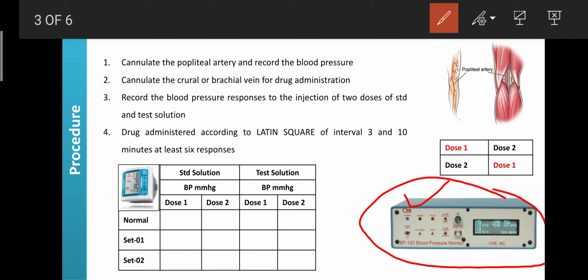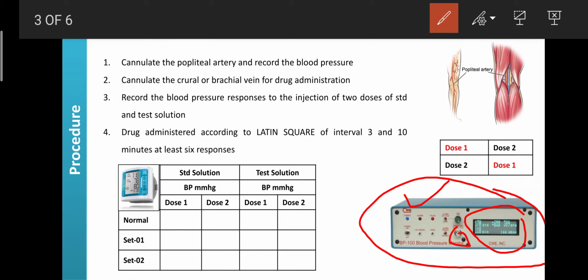Here some electrodes are there, with switches. Those electrodes are known as the transducer, and they are attached to the popliteal artery. Whatever changes occur in the blood pressure can be monitored and shown on the monitor of the instrument. These are special instruments helpful for monitoring blood pressure in the experimental animal.